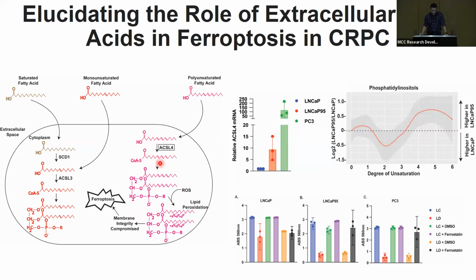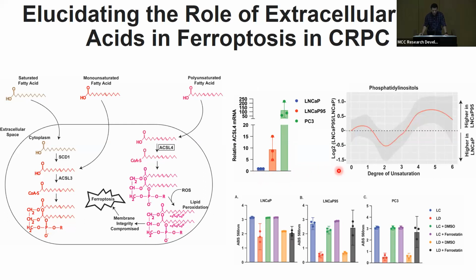The enzyme responsible for integrating polyunsaturated fatty acids into cellular structures is ACSL4. ACSL4 is more highly expressed in two models of castration-resistant prostate cancer, LNCaP95 here in red, and PC3, relative to the LNCaP model, which is a model of castration-sensitive prostate cancer.